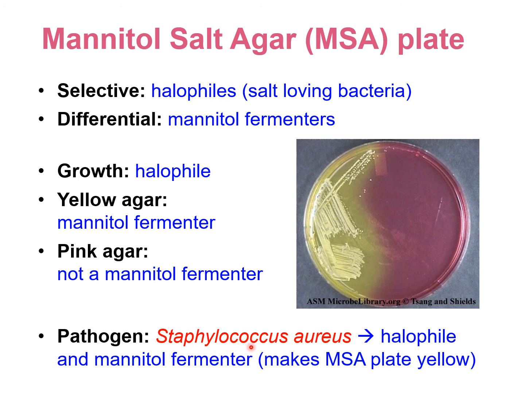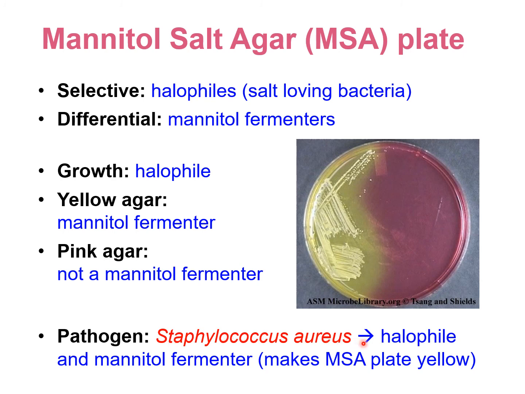Is it normal to find Staphylococcus aureus in someone's nose? Yes, it is. On skin, yes. But the problem is if Staphylococcus aureus enters deep into the tissues or the bloodstream, it is definitely going to harm the host, and it can actually lead to death, and that's why it is considered a pathogen.